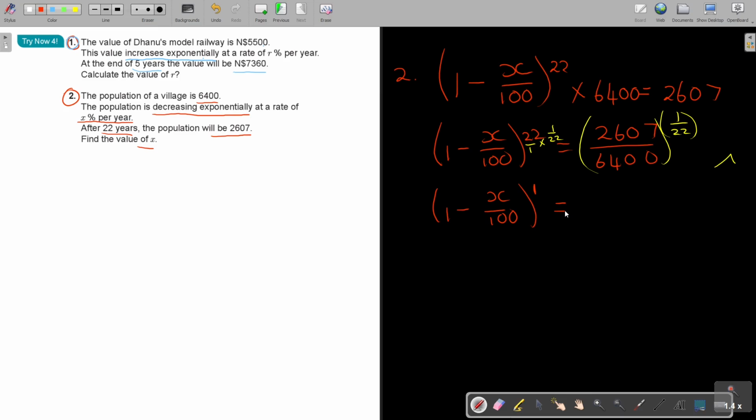So I'll show you: bracket 2607 divide 6400 close the bracket equals, to the power bracket 1 divide 22 close the bracket equals. And I get 0.9599939. Okay.